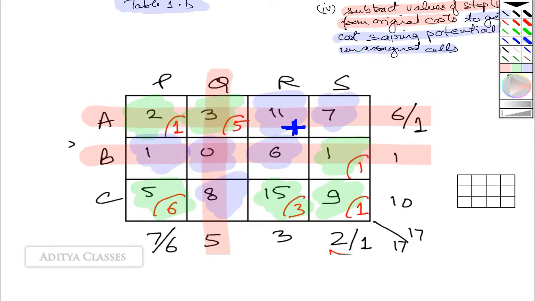What are the cells that are engaged? This cell is engaged. This cell is engaged. Then this one is also engaged. Then this is engaged. Then this is engaged. And lastly, so these are the cells that are engaged.